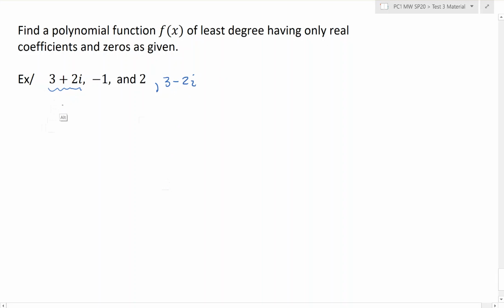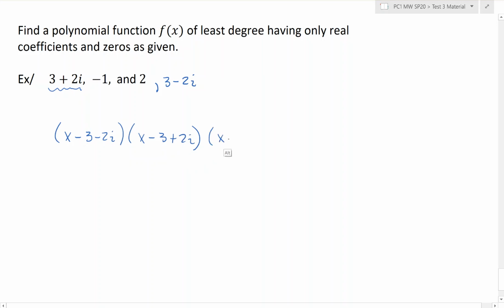All right, so we need to find that function. We'll say x minus 3 minus 2i and x minus 3 plus 2i. That is making the factors out of those two zeros.